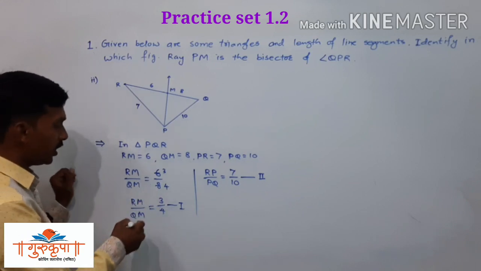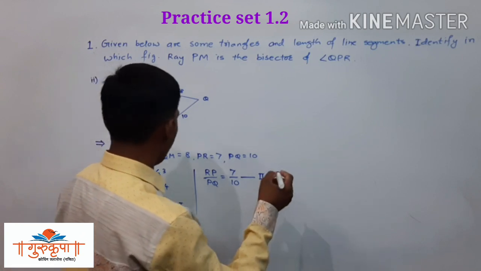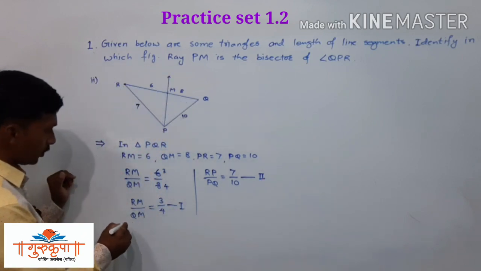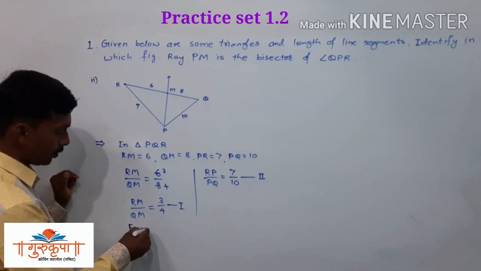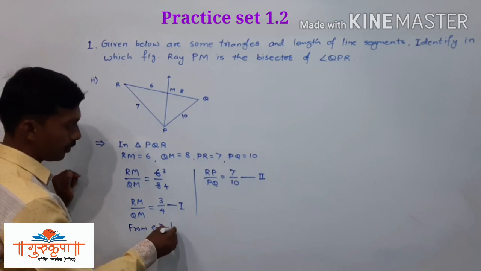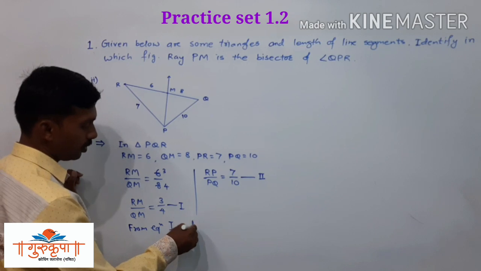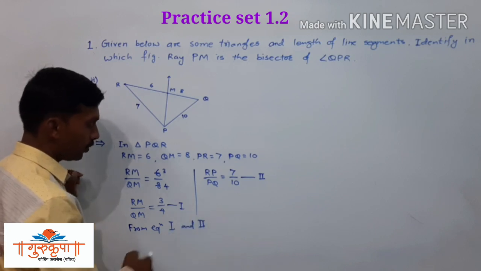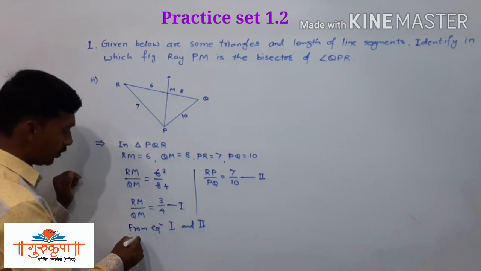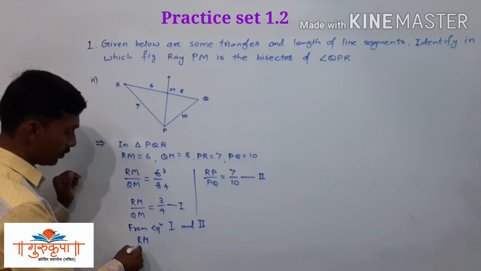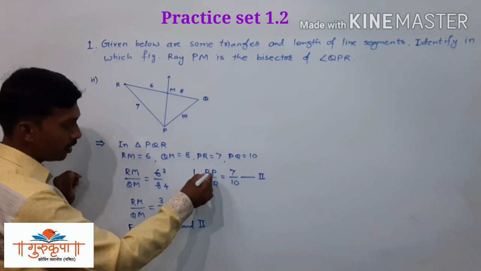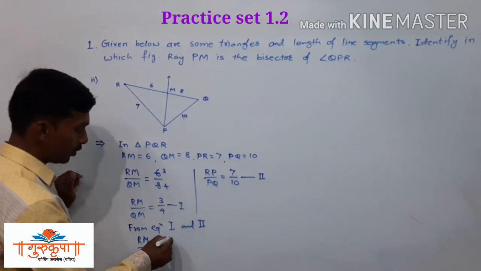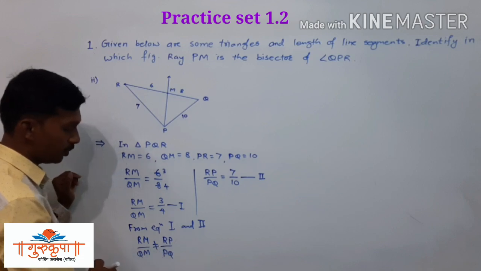So here you can write, from equation 1 and 2, RM upon QM is not equal to RP upon PQ.